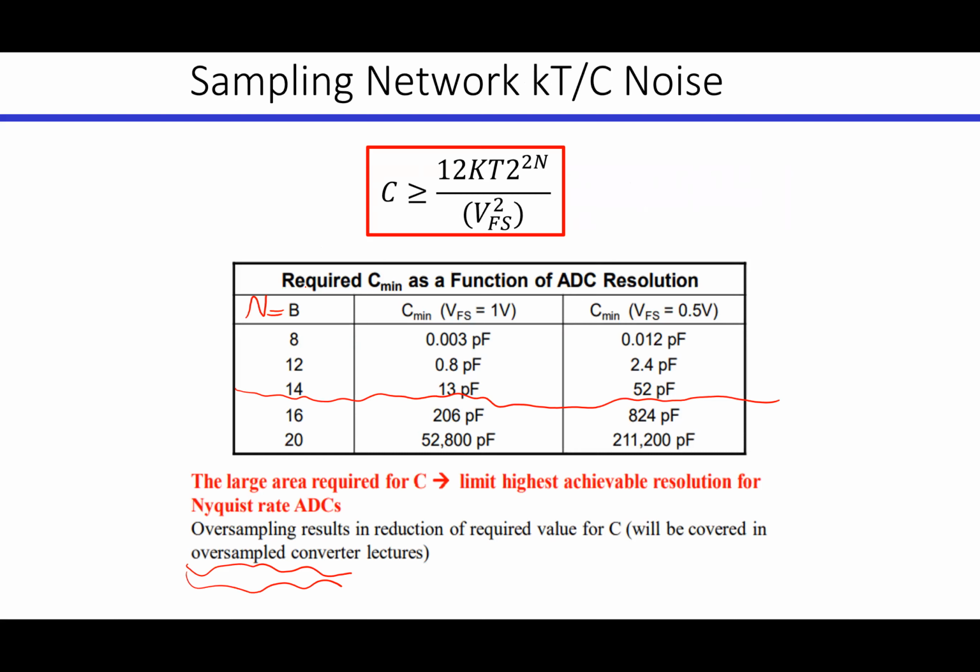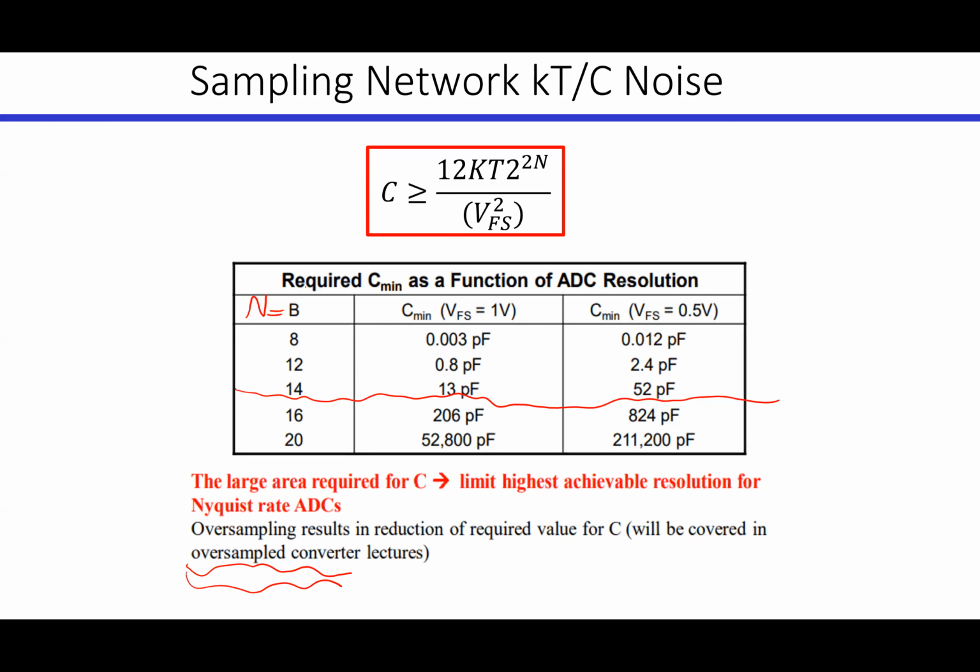Excuse me, ma'am. We prefer to use 1 volt as a full scale voltage instead of 0.5 volt. That depends on your application. If you go for lower technologies, you go for lower voltages as well. Basically that depends on which application, which technology is available for you, and what your trade-offs are.